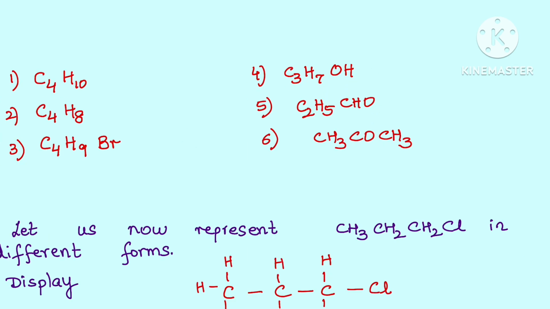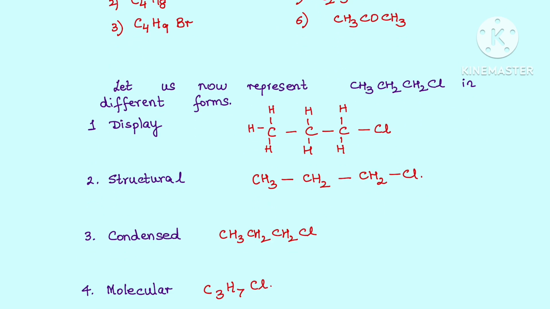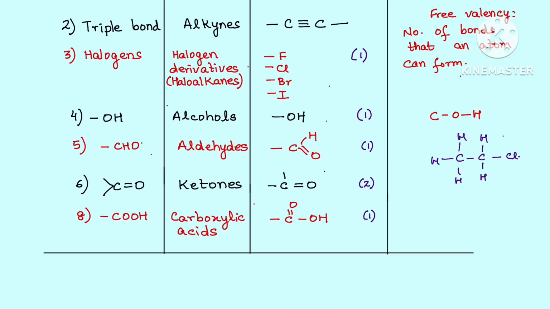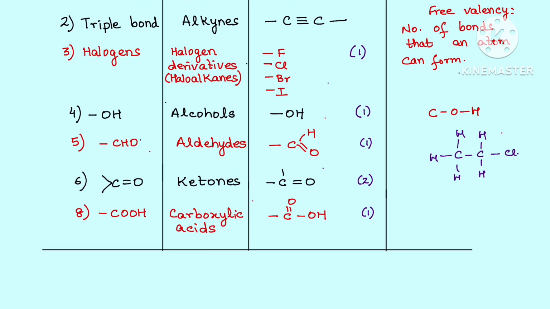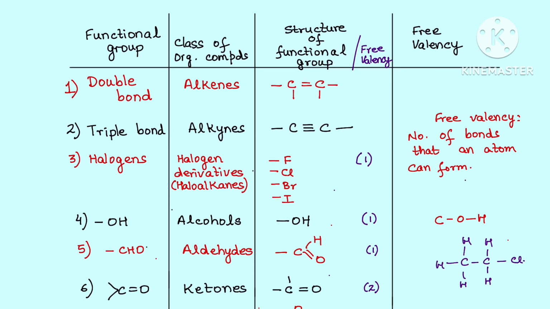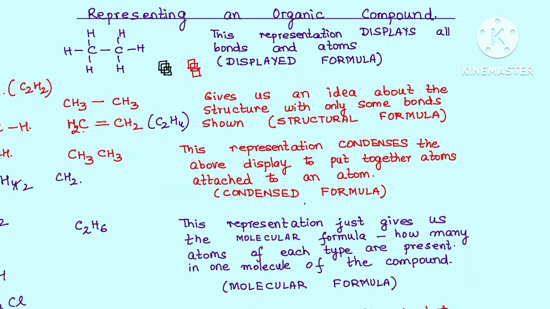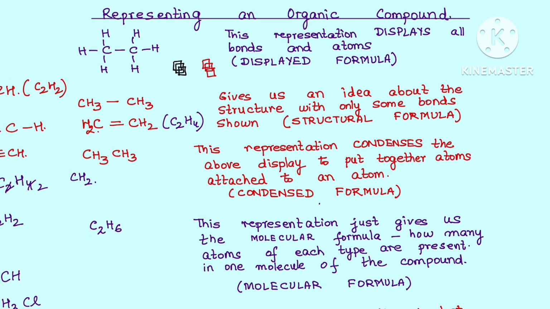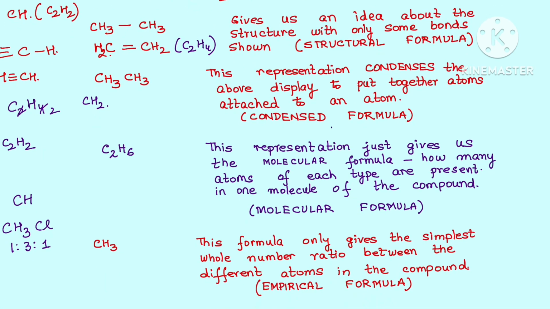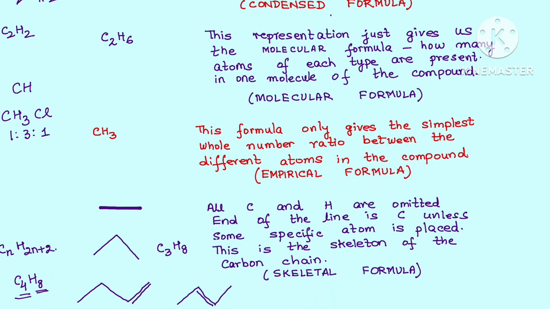If you've been following the channel, you will remember that we have already dealt with these, what we call as functional groups, in previous videos. If not, it's time to rewind, it's time to go back to what we have already covered. As I've mentioned in my previous videos also, it is useful if you go through the videos in the series that they have been presented in the playlist.